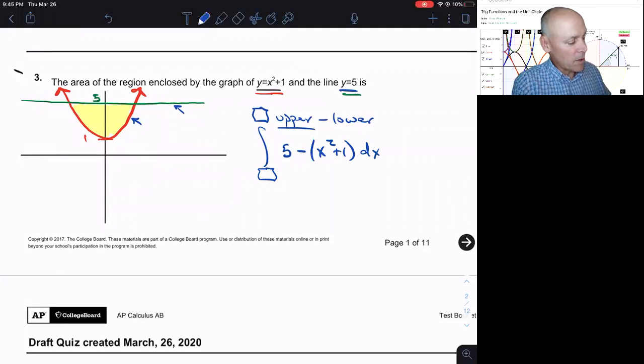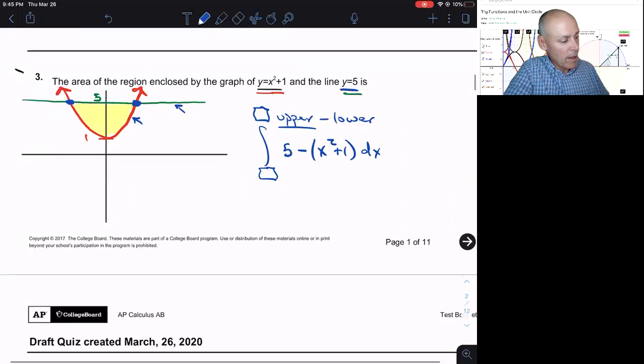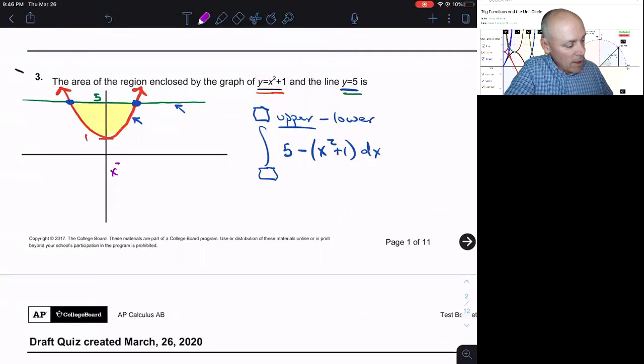Now, I have everything I need except for my lower and my upper bounds. Those are going to be my points of intersection between the two functions. The way I can find this algebraically is just to set the two equations equal to each other. So x squared plus 1 equals 5.